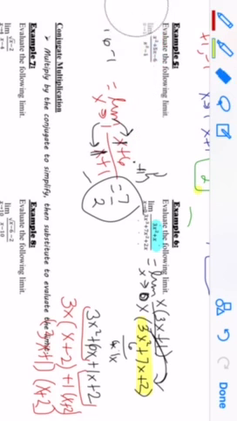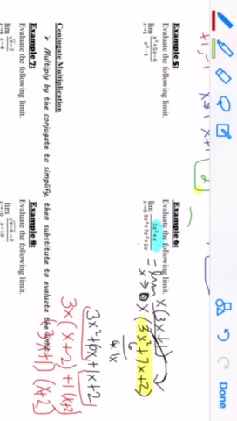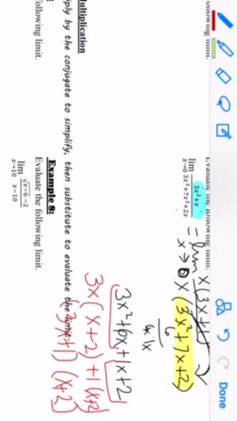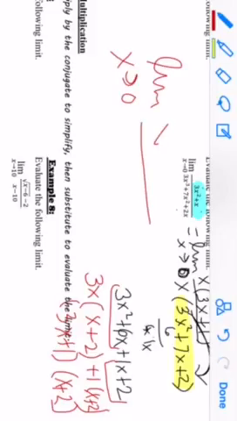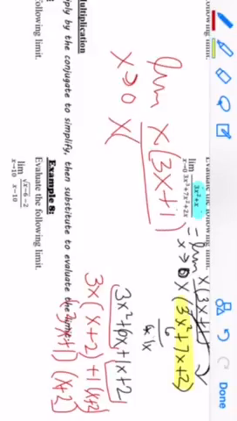All right, so let me rewrite that to the left, and this is our last problem. All right, so now we're at limit as x approaches 0 of x times 3x plus 1 all over x times 3x plus 1 x plus 2.